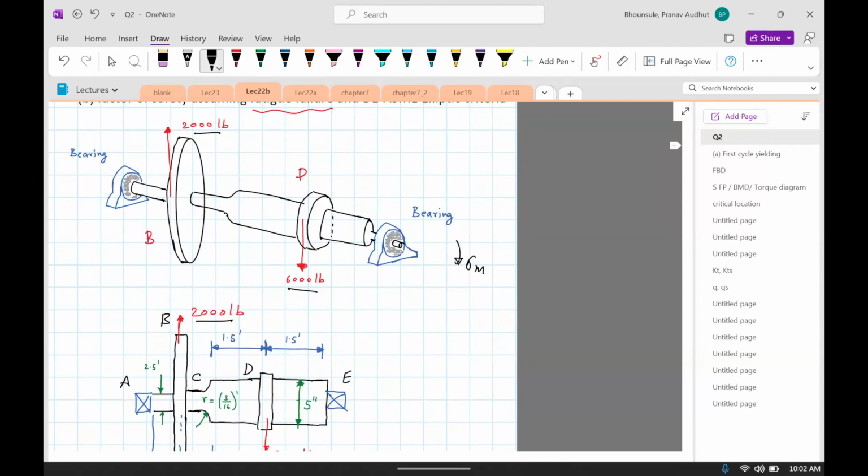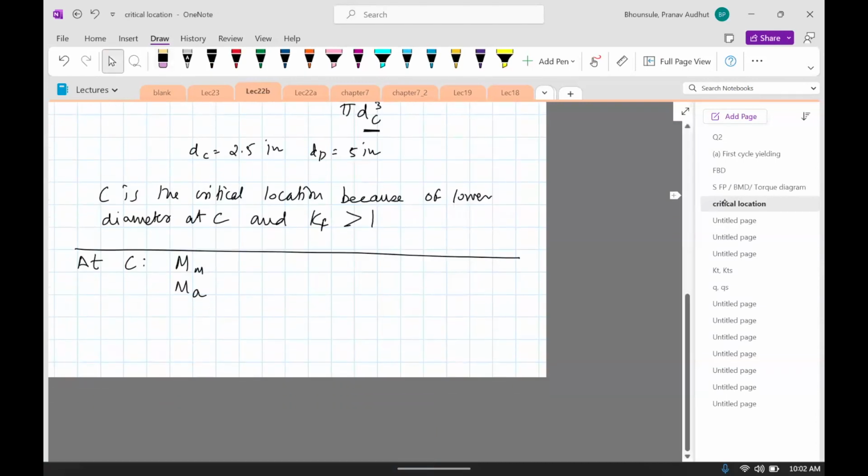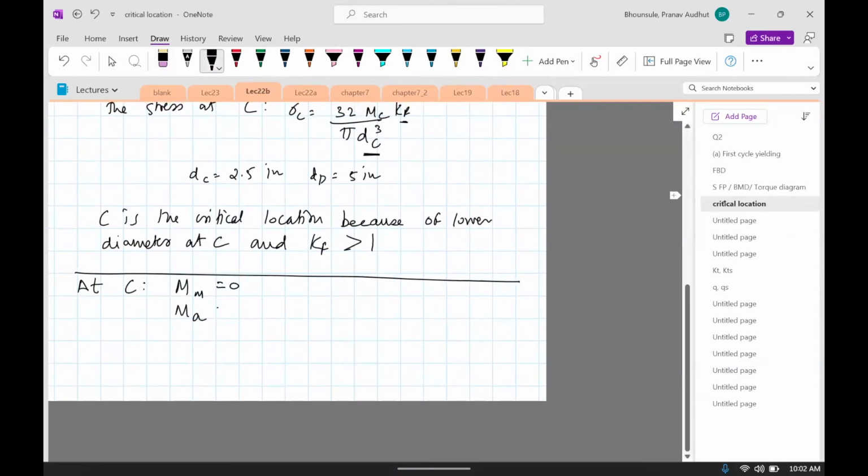So the mean component of the stress is going to be 0, but the alternating part is going to be non-zero. It's actually going to be the same as what we computed there, 2,400. So MM is 0, and MA is 2,400 because of the way this thing rotates.